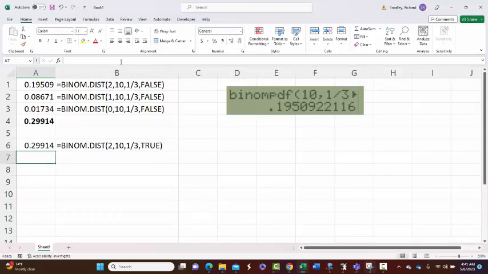You see what happened? That's what I was trying to explain. The difference between the two is the true adds up 2 and 1 and 0 automatically. So you see I did them individually here with false and then added the individual results, so it's the same thing.